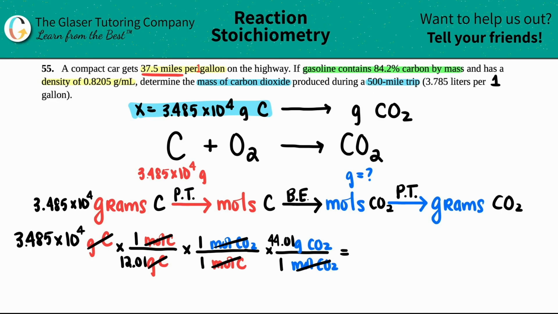I don't really care about sig figs, but if you want, ask your teacher or professor if they care. I'm going to say 1.28 times 10 to the 5 grams of carbon dioxide. So that's the mass that was produced. A lot of carbon dioxide was released into the air when you drove this 500-mile trip.